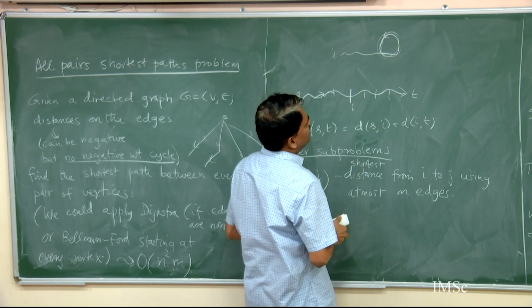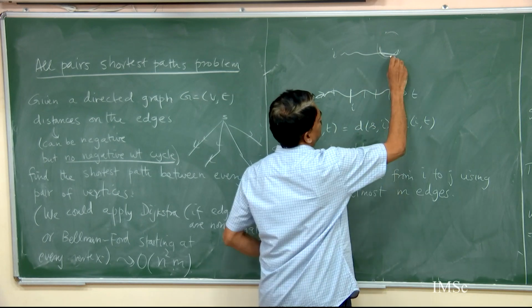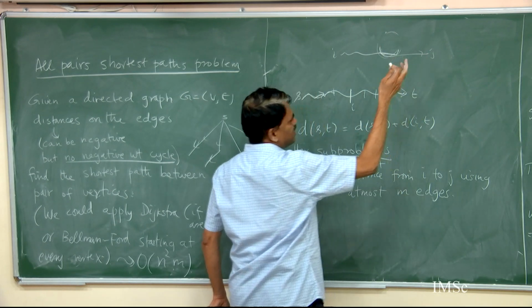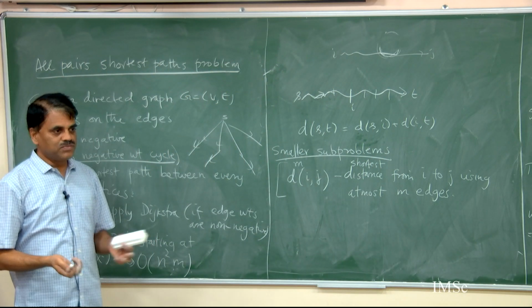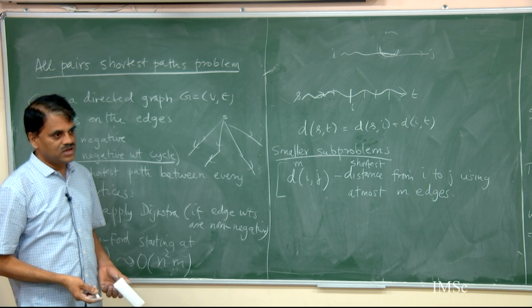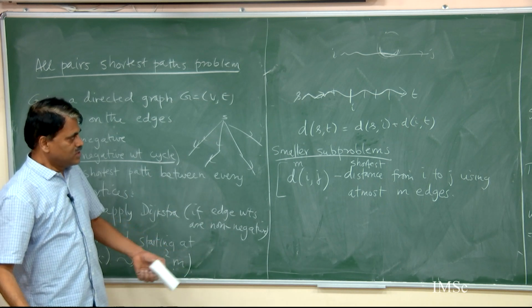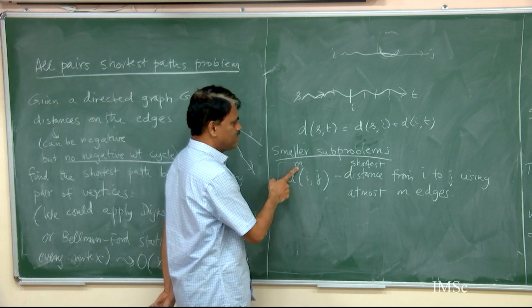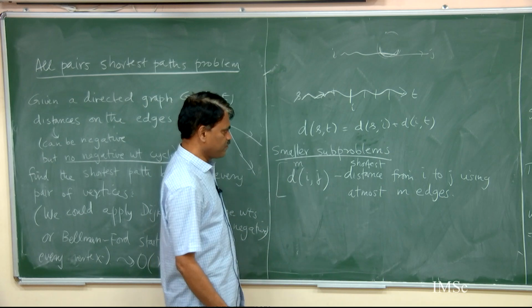Since I do not have a negative weight cycle, every path is a simple path, of length at most n minus 1, because there are no cycles. So the highest m I should try is n minus 1. There is a limit to it.